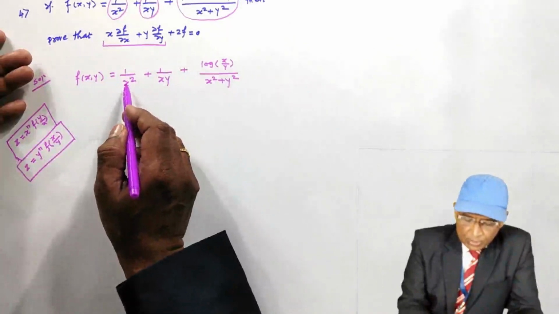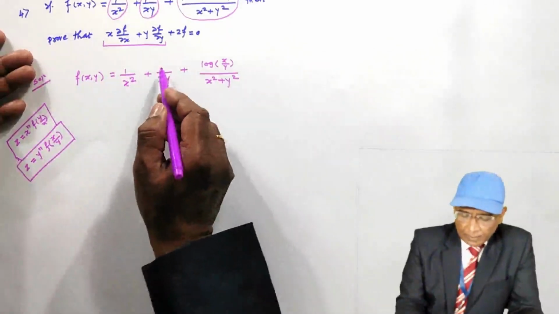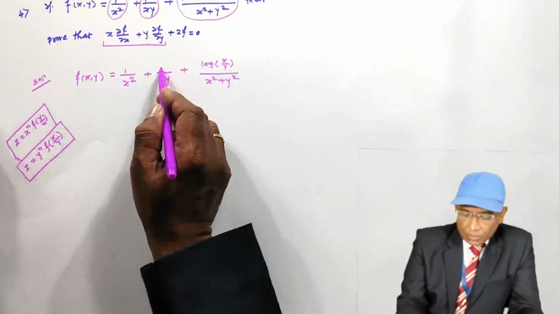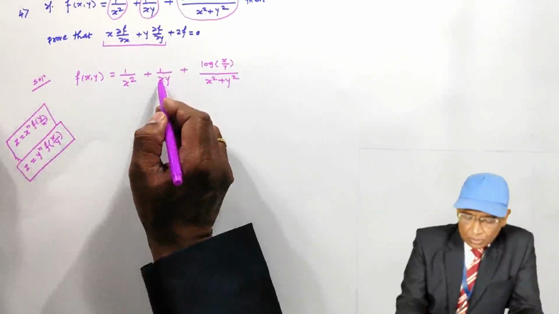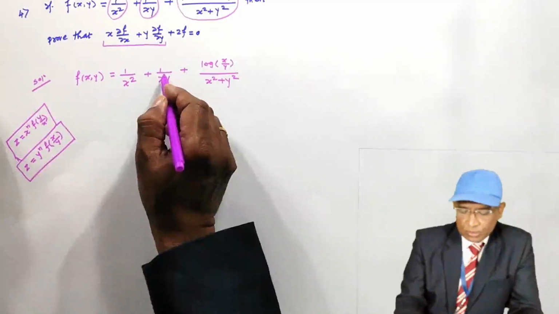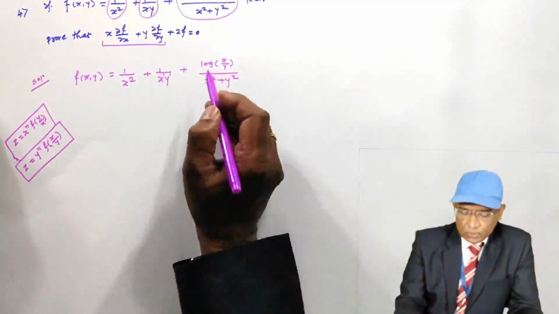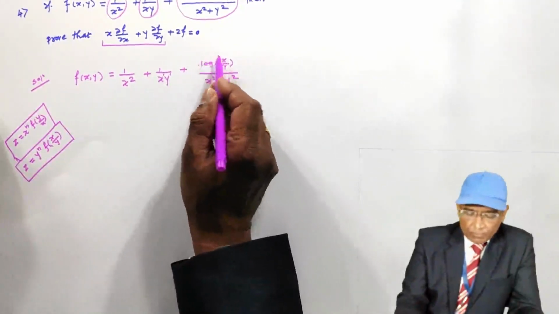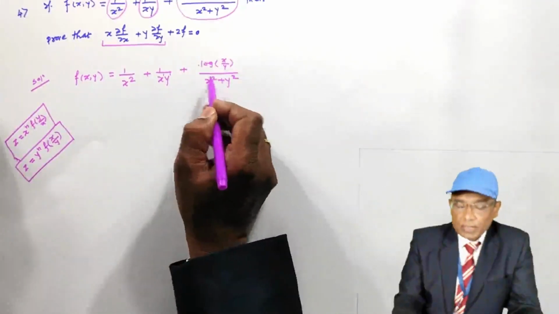See, 1 plus 1 is 2. And here, this is a function of x by y. The degree of the denominator, the degree of this will be what? X to the power 0 is 0. The degree of the numerator is 0. 0 minus the degree of the denominator 2. Therefore, the degree of each and every term is minus 2.